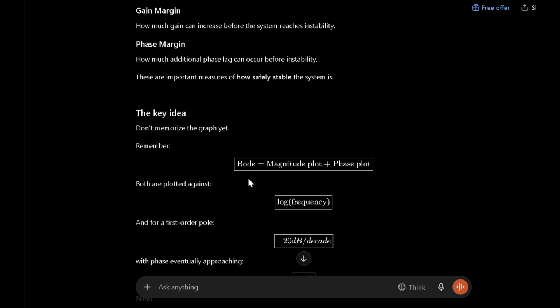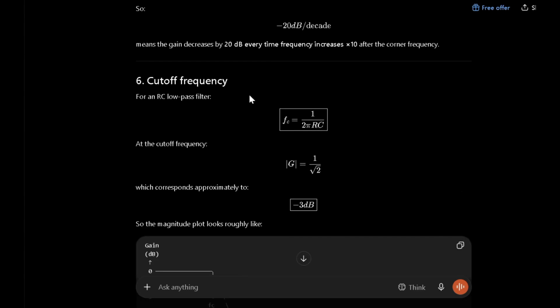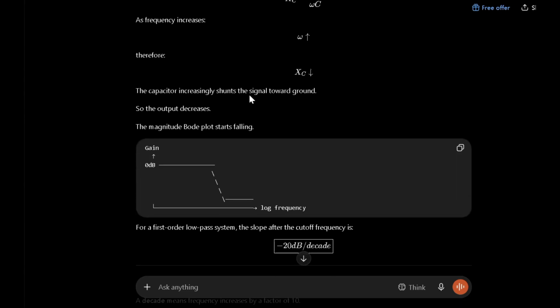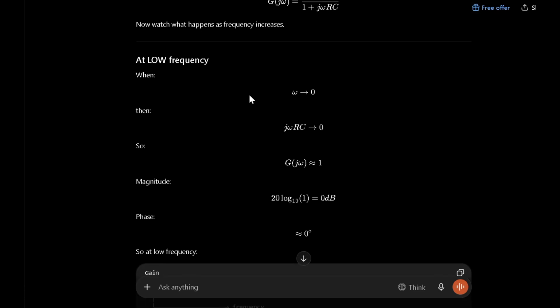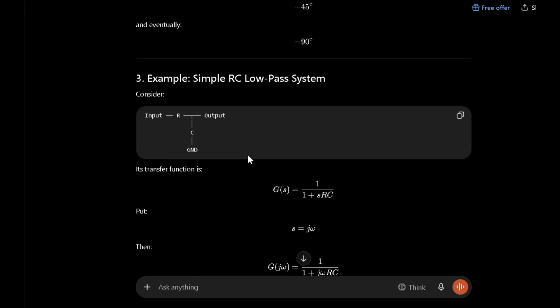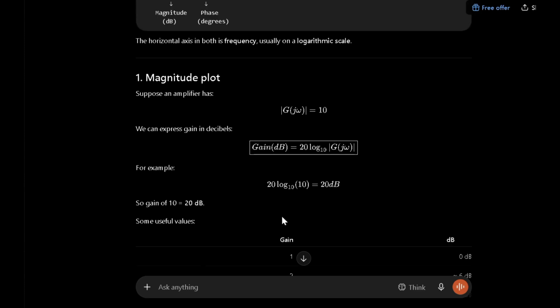Here we discuss the magnitude. This is the magnitude. When the gain is 10, for decibels we calculate gain in dB equals 20 log 10 of the magnitude. When we solve it, we get 20 dB.